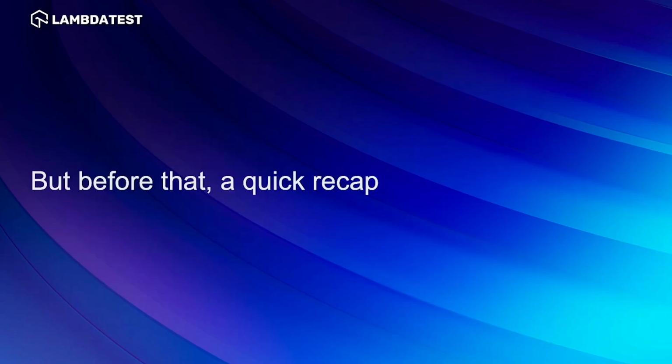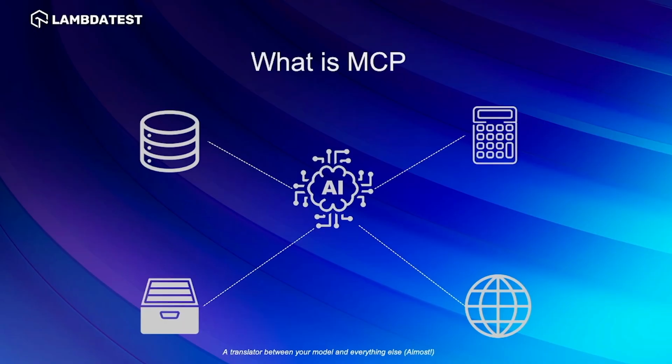With that, as I was saying, before we even start coding, let's get a recap of what we learned. So what is this MCP? You can think of MCP as a translator, as it says. It's a translator between the AI model and almost everything in the digital universe.